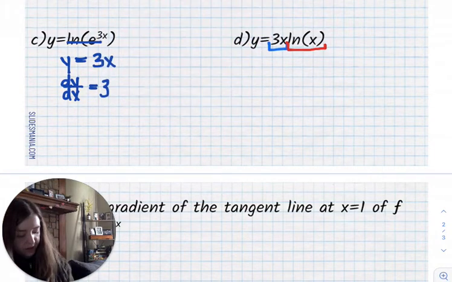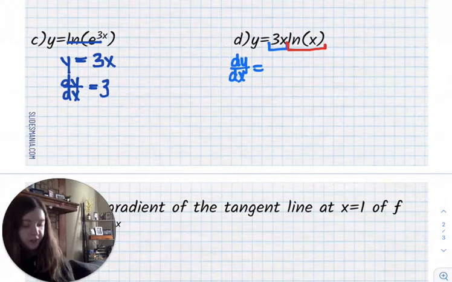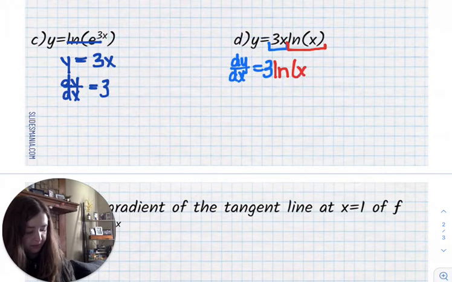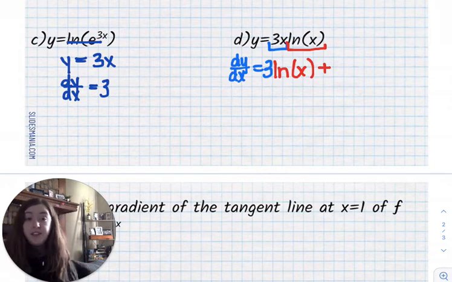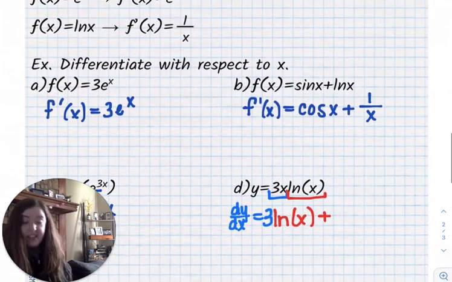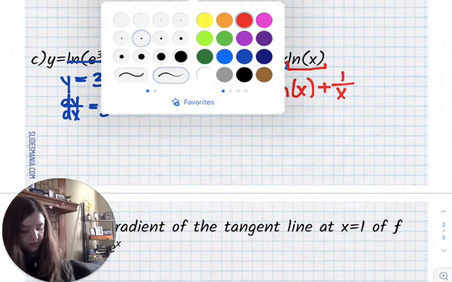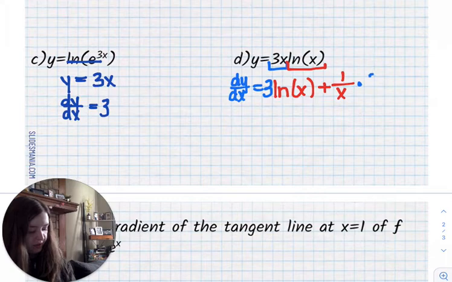So we're taking the derivative of y with respect to x, dy/dx, equals the derivative of the first, so the derivative of 3x is 3, times the second, so we multiply that by natural log of x, plus the derivative of the first times the second. Now we'll take the derivative of the second. The derivative of natural log is 1 over x, times the first, so that original 3x.